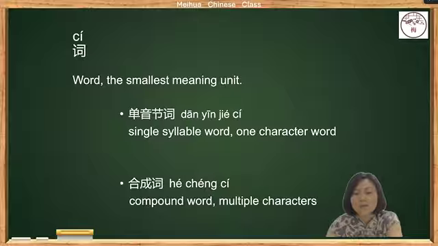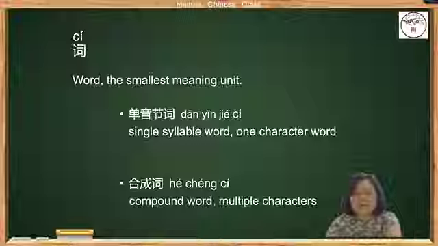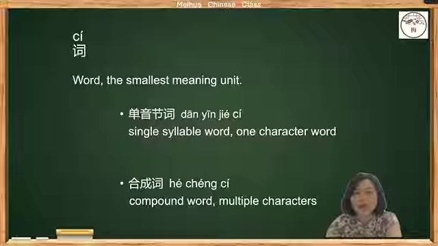The reason why characters are not equal to words is because not every character carries a meaning. Some character alone doesn't mean anything. They have to combine with other character or characters to form a whole set of characters to carry a certain meaning.